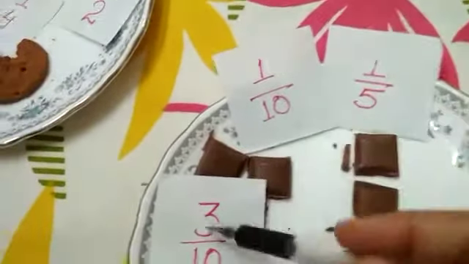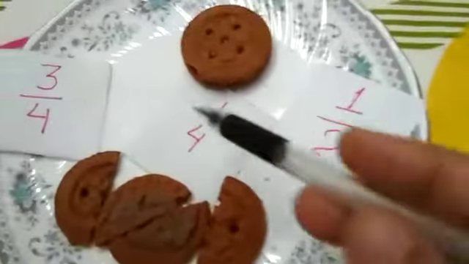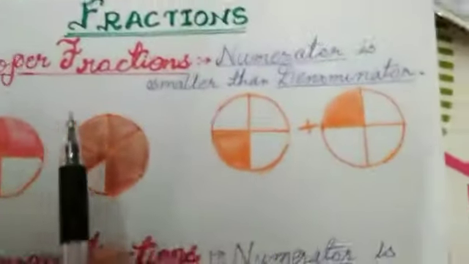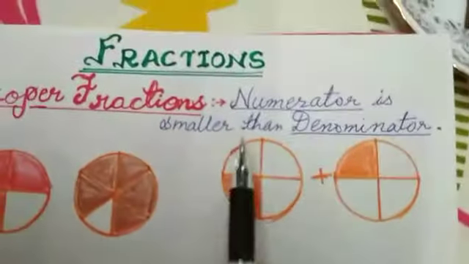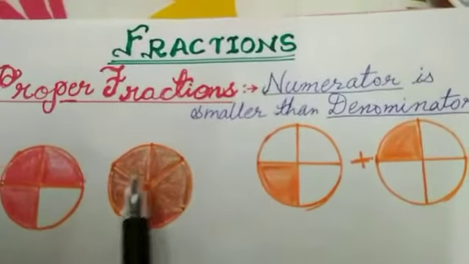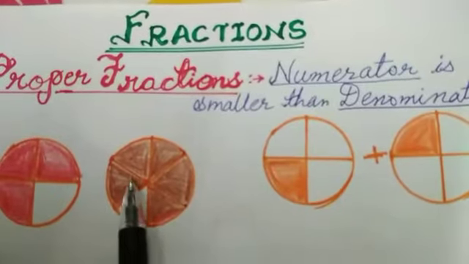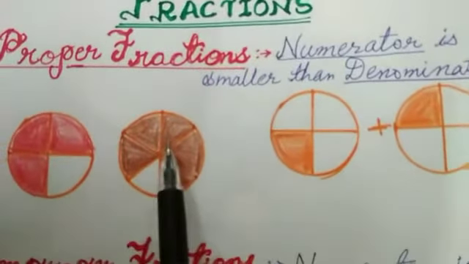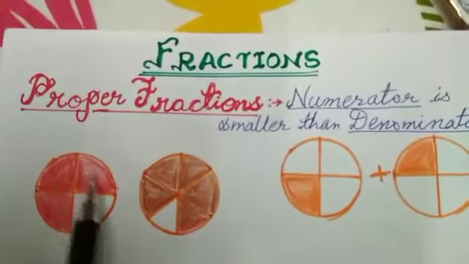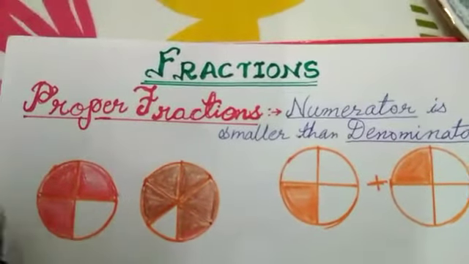Everywhere our numerator is smaller than denominator. It means we are talking about a proper fraction where numerator is smaller than denominator. Whatever part we are taking is from that one whole which we divided. I am going to take from this piece only, not from somewhere else.